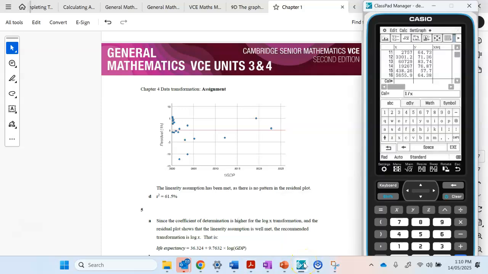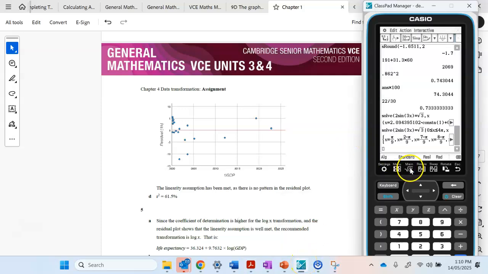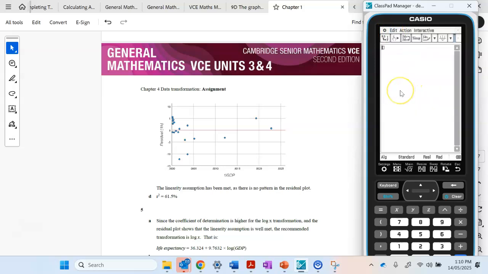Going to your main screen, I might just clear what I've had there because I've got a lot going on. So we're just substituting in for GDP, and it's flashing at me. It flashes at 10 minutes. There must be something that doesn't like it at 10 minutes.